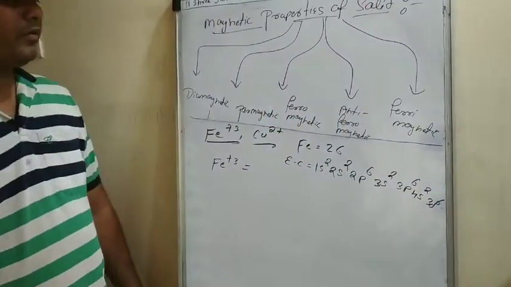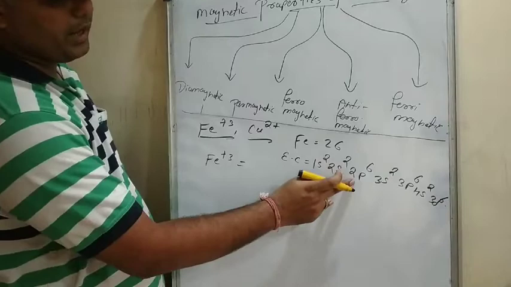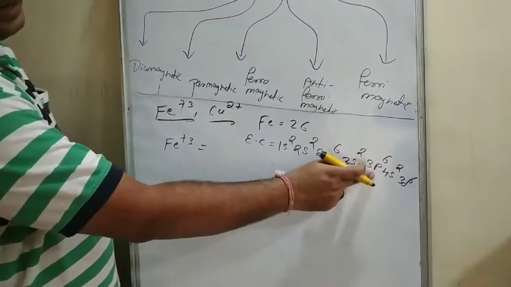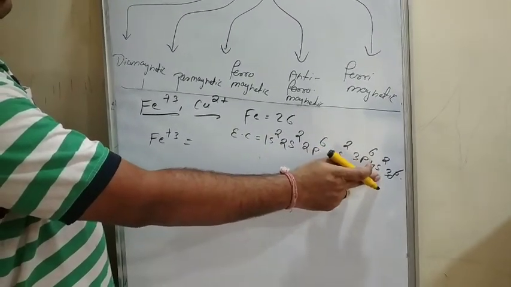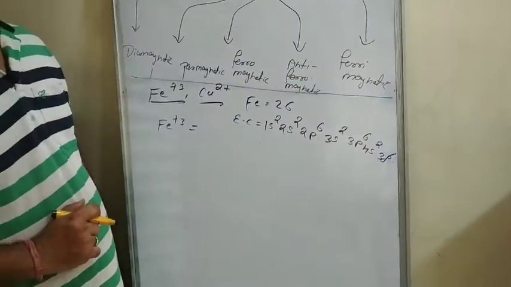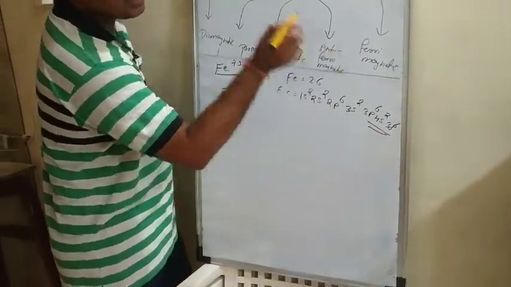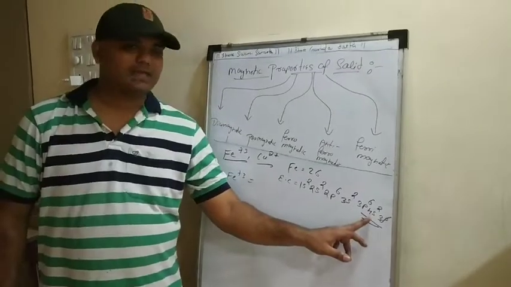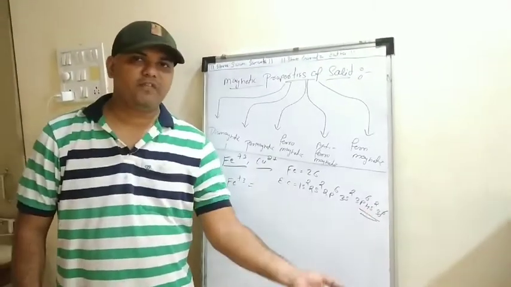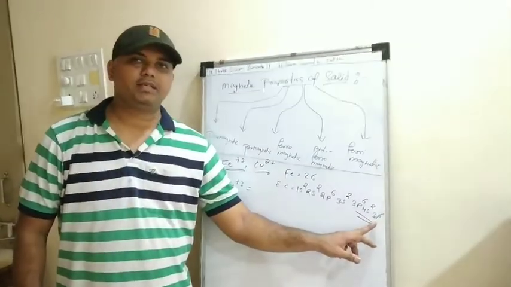Just count the total number of electrons: 2, 4, 10, 12, 18, 20, and 26. So as you can see here, the 4s subshell has been filled first and then the 3d subshell has been filled.